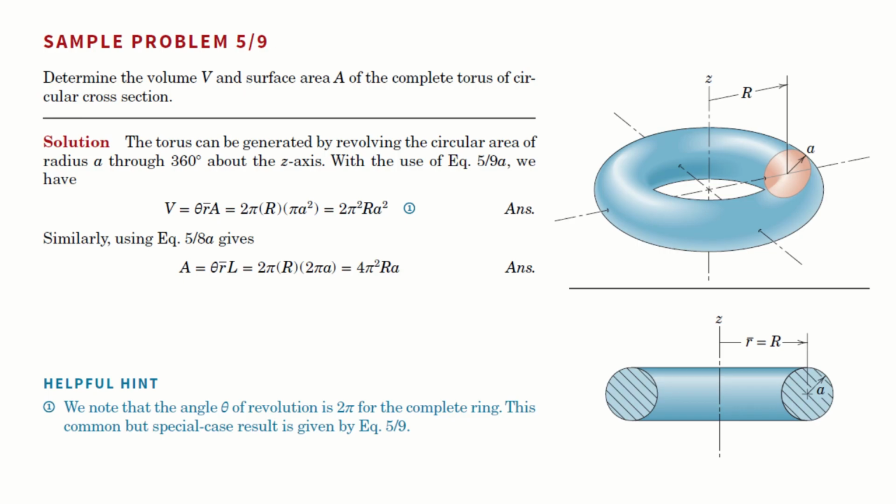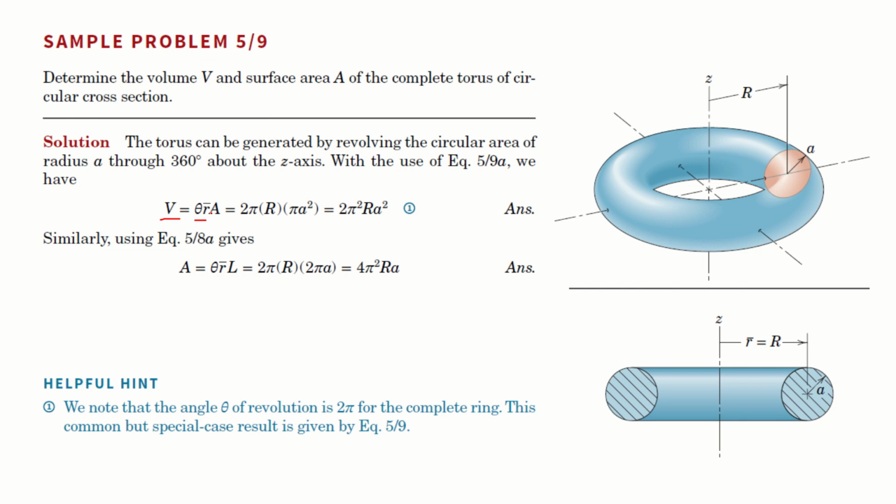So we are going to talk about two examples here, and in this particular example you have a simple torus, and we have to find the volume and surface area of the complete torus circle and its cross section. Remember, as we have studied before, it is just like a donut with a small radius defined as a, and the distance from the center is capital R. So as we have studied before, ȳ is defined as R here.